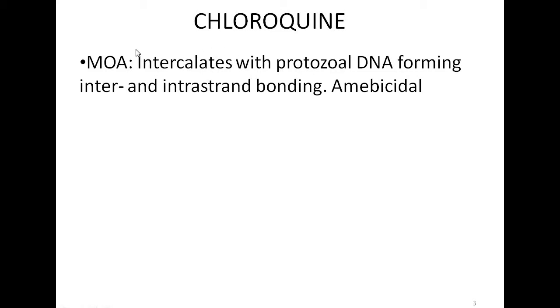Now what do we mean by intercalate? Imagine the DNA strand to be like a stack of coins placed one above the other. What chloroquine does is it slips between the strand and forms covalent bonds within the strand and between DNA strands. So the DNA function is lost, thus killing the entamoeba.